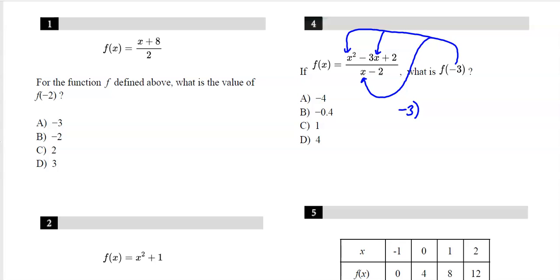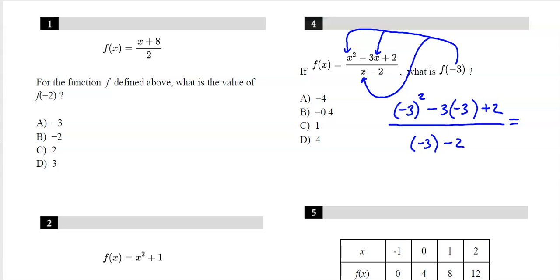So negative 3, definitely when it's a negative, use parentheses. Negative 3 squared minus 3 times, got to replace that x. Then the bottom is negative 3, take away 2. It's that parentheses, not quite as important, but whatever, we'll just do it.